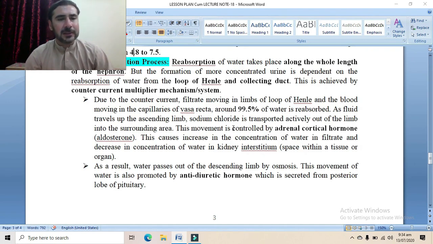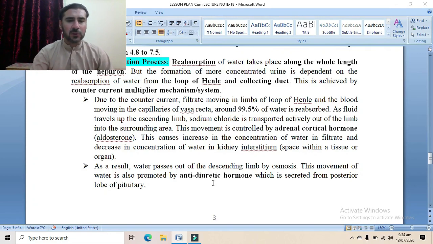Because whenever the water supply to the body is low, there is less water content inside the body, so concentrated urine should be formed, and for that, a message is transmitted from the brain to the posterior pituitary gland as well as to the adrenal gland. The adrenal gland will release the adrenal cortical hormone, the posterior pituitary will release the antidiuretic hormone.